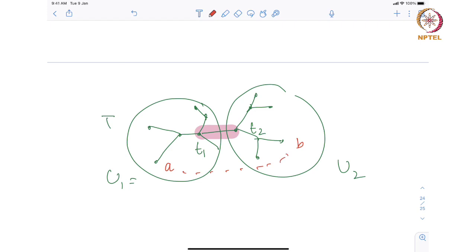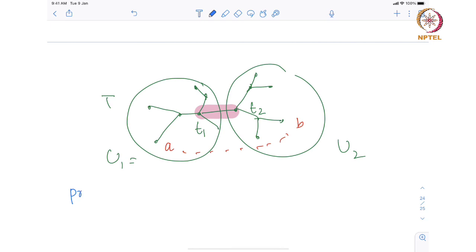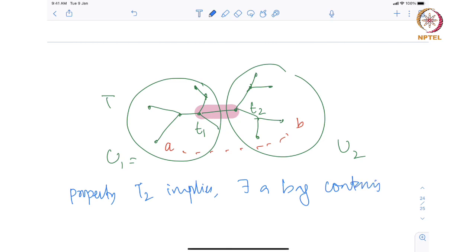Now, what does property T2 imply? Property T2 implies there exists a bag containing both A and B. So where can that bag be?